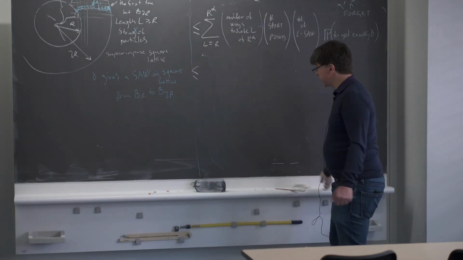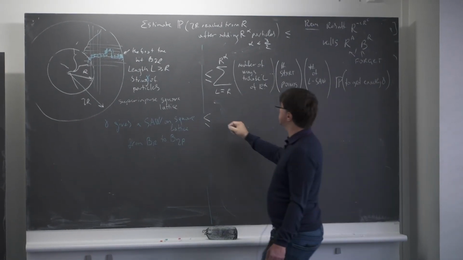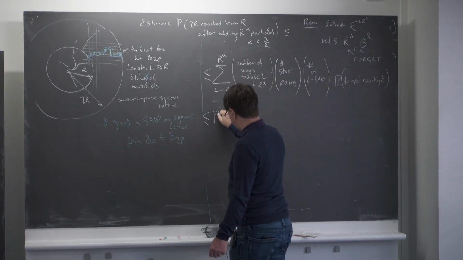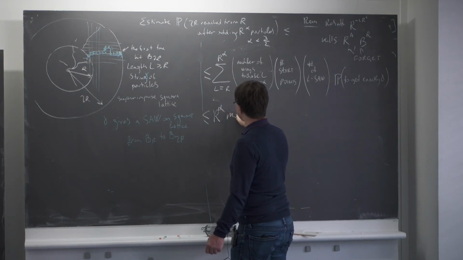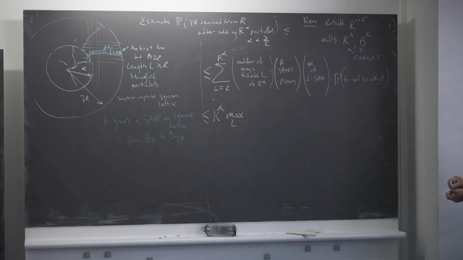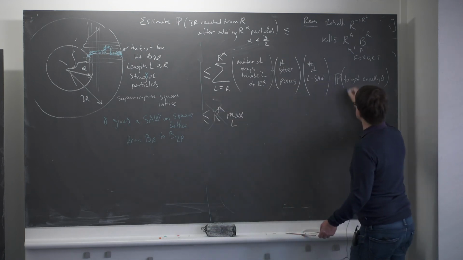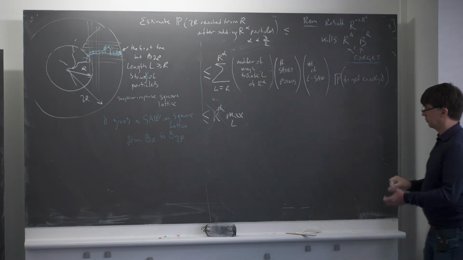Well, instead of summing, I can just take the maximal term and repeat it many times. So it's at most r to the power alpha times the maximum over L of what I can get. And remember, all such terms are immediately killed, so we immediately forget them.